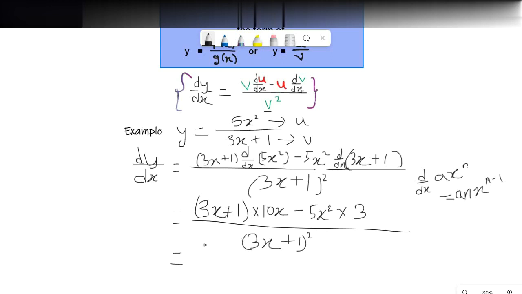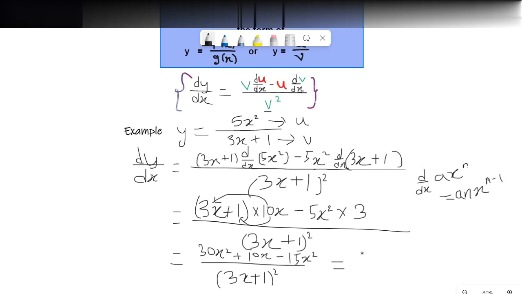and finally we get 30x squared, which is 10x multiplied with 3x, and then we multiply with 1 plus 10x, as 10x multiplied with 1 is 10x, and subtracted with 15x squared, as 5 into 3 is 15, and divided by 3x plus 1 whole square.